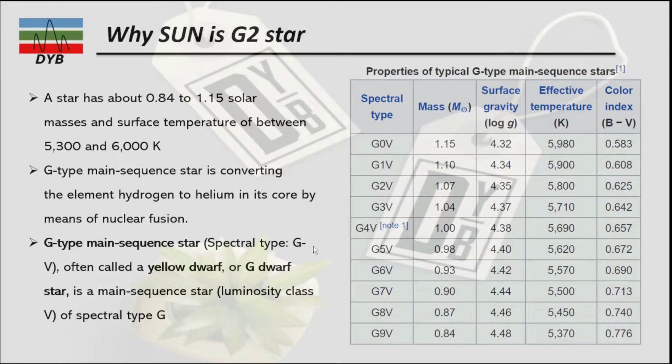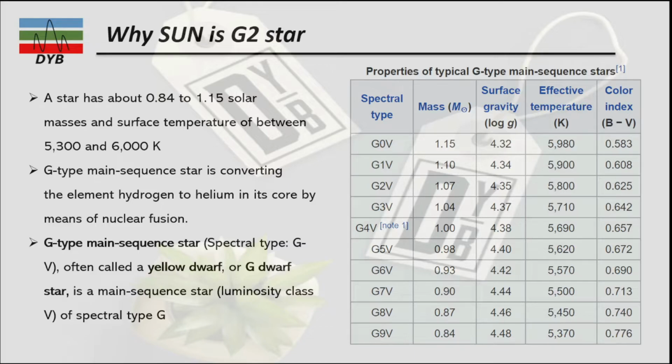A star which has about 0.8 to 1.15 solar masses, and a surface temperature between 5,300 to 6,000 Kelvin. A G-type main sequence star is converting hydrogen to helium in its core by means of nuclear fusion. This is also the phenomenon that occurs in the sun.